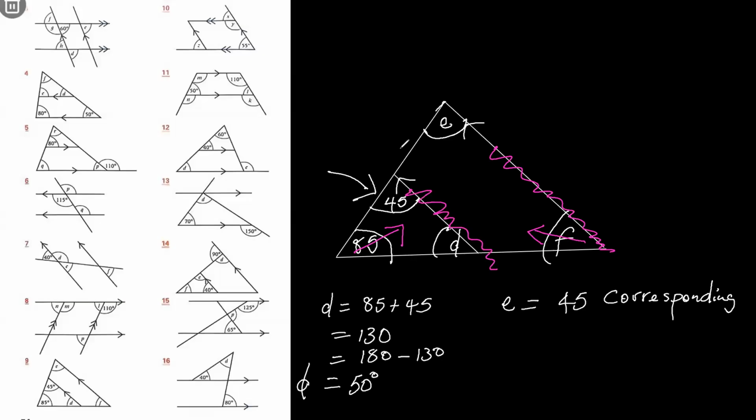Which one is exactly the same? So give another try, Gabriel. E. The answer is D. So note that this angle is like that. So D and F are very similar. Corresponding means they're similar and equal.